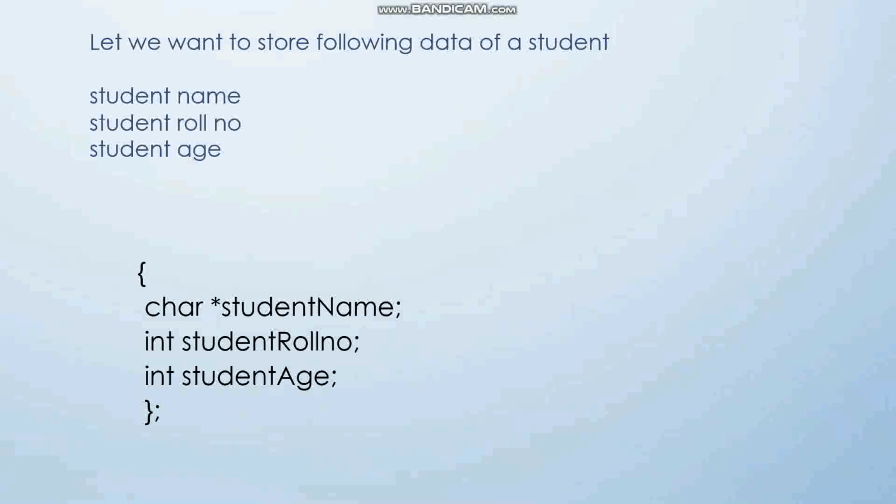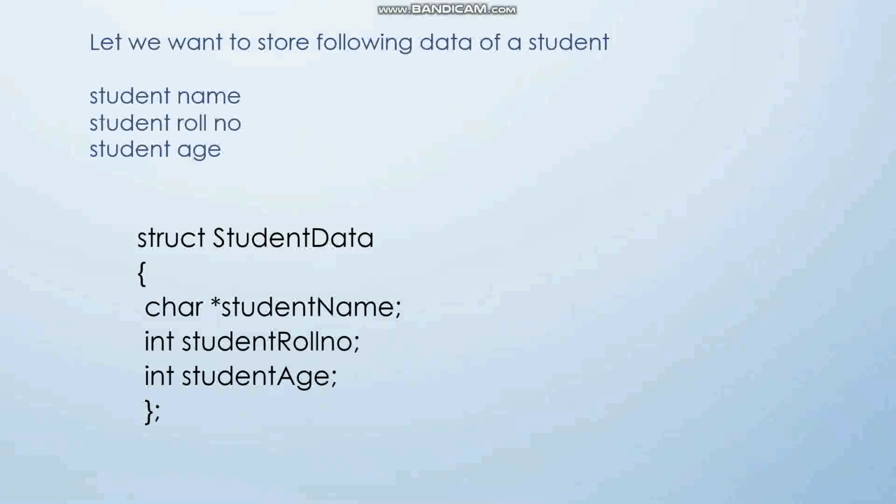So for creating a structure, first we will write the keyword struct. It points out that we are going to create a structure. Then we will give the name to this structure, that is student data, and this structure is a collection of three variables. All three variables are enclosed within the curly brackets, and there is a semicolon after the closing bracket.